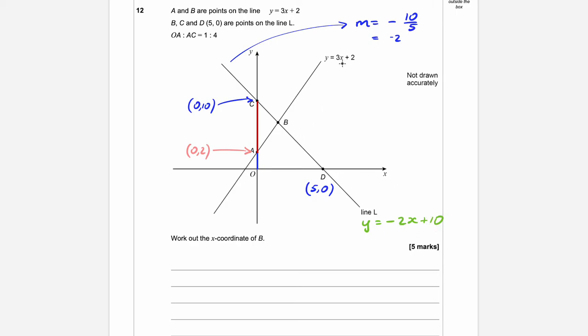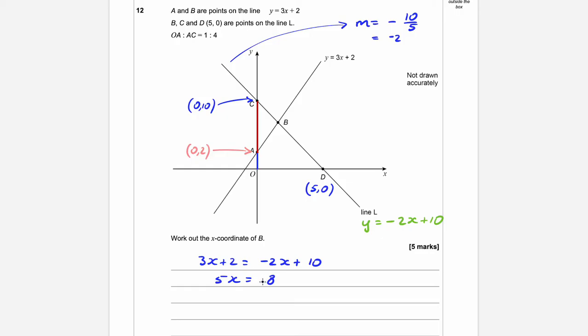This is y equals 3x plus 2. I just need to find the x coordinates, so I can just equate them, because this is where they meet. Where two lines meet, you can just equate them. And I get 3x plus 2 equals minus 2x plus 10. Add this over here, I get 5x. Subtract this over here, I get 8.